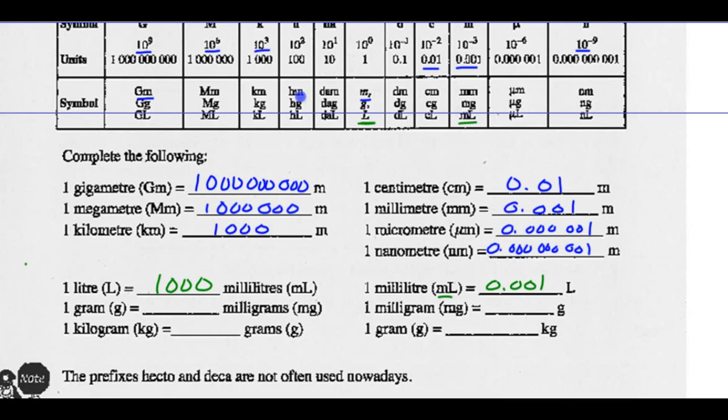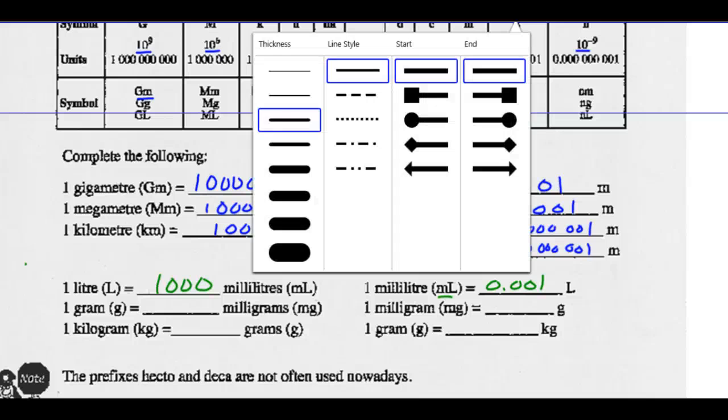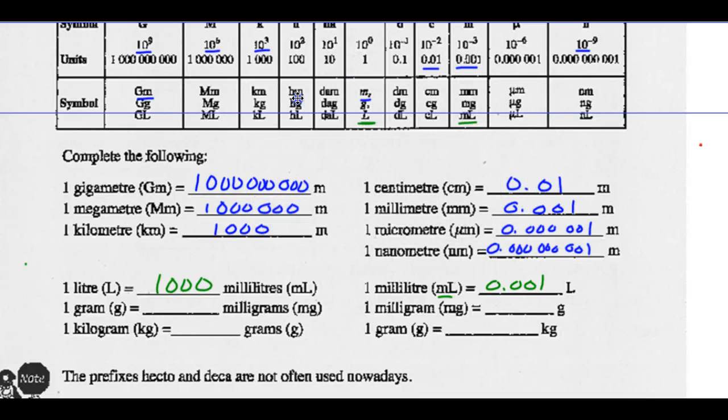We could look at milligrams and grams. So 1 gram is how many milligrams? We're going to milligrams. So 1 gram is 1,000 milligrams.